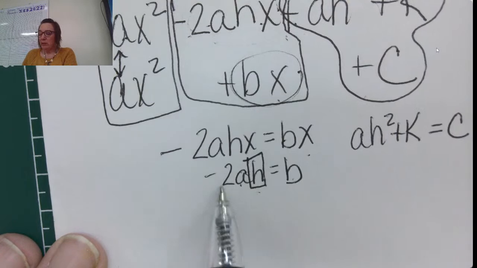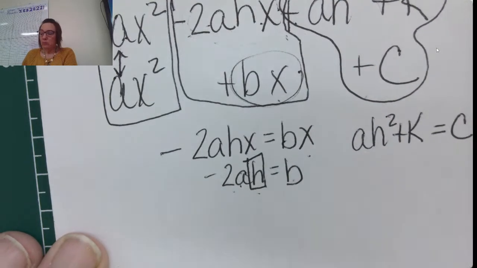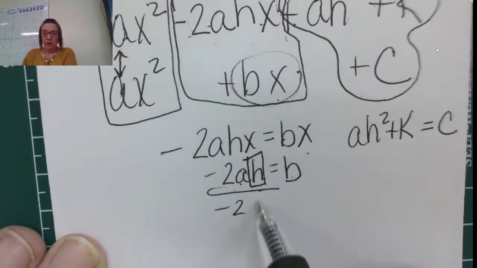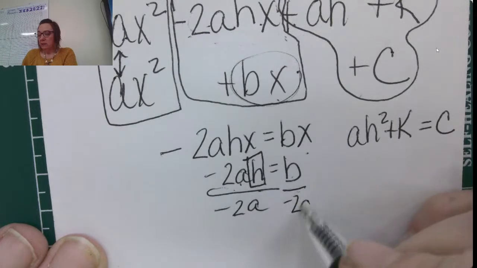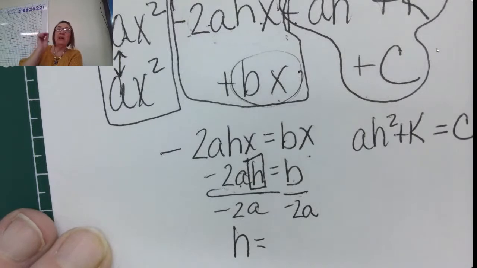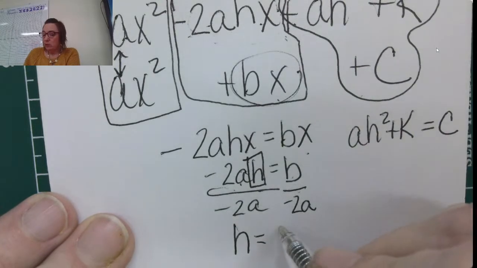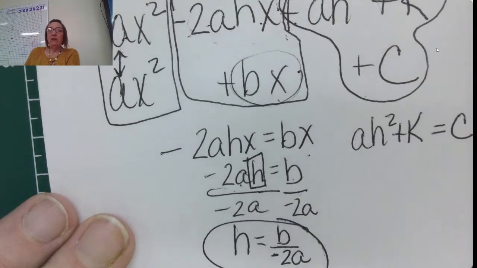What would I do to get rid of this? We're going to divide by it. If we do it to one side, we have to do it to the other. Remember, H is the x value of my vertex. So H is equal to B divided by negative 2 times A. And that is how we find the x value of our vertex.